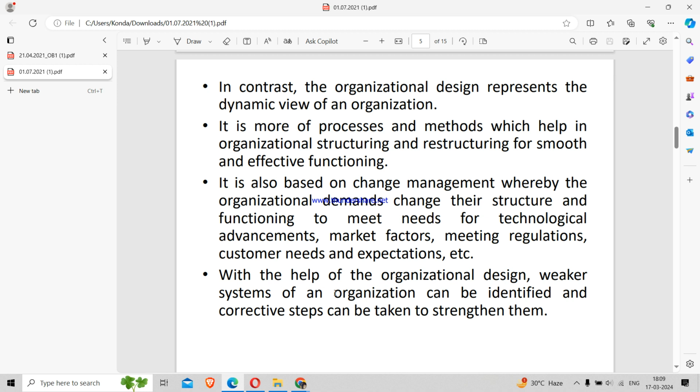So with the help of this, the last point, if you see, with the help of this organizational design, weaker systems of an organization can be identified and corrective steps can be taken to strengthen them. Of course, if you maintain this hierarchy, you can see which part of the organization is dysfunctional or is not producing the effectiveness expected of it. If you look into the flow chart, for step 1 this is the expected productivity, and this is the productivity we are getting.